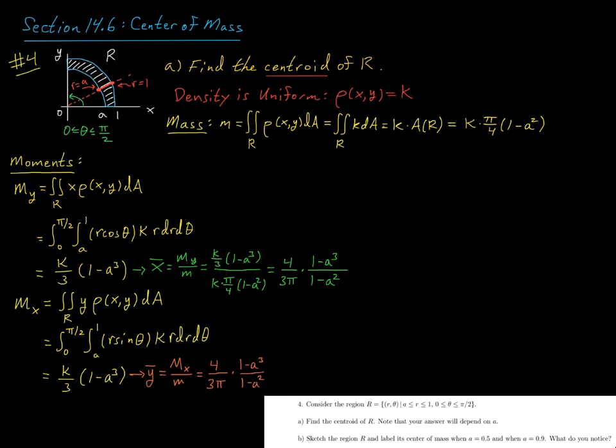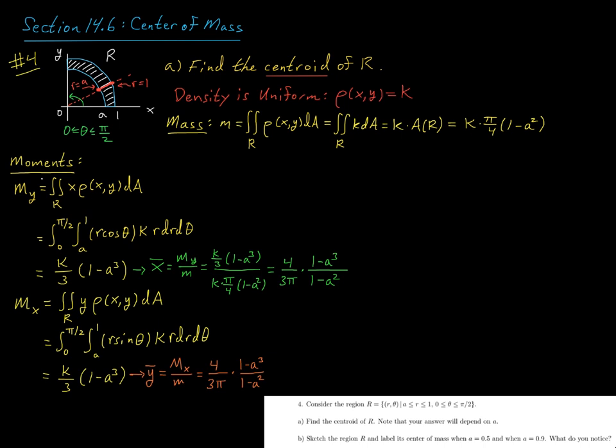So that's going to be that constant k times the area of the region. Since I have this quarter annulus shape, that area can be found using pi r squared, and then I divide by 4 because I just want this quarter annular region. So I get pi over 4 times the quantity 1 minus a squared for the area, and then there's that factor of k from the density.